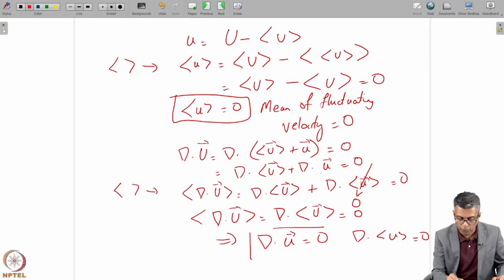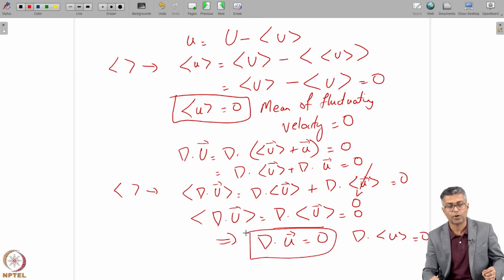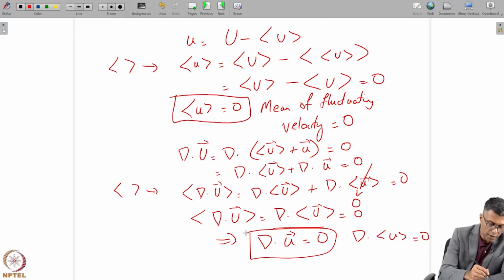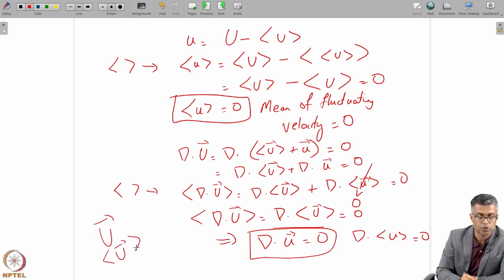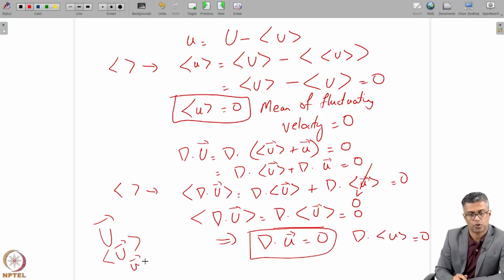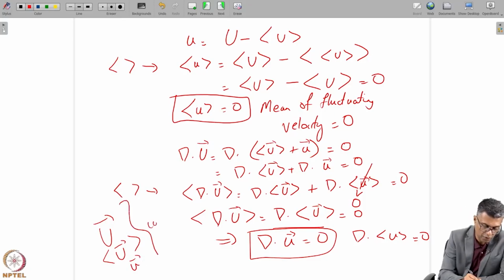But what we now know is that the divergence of the fluctuating velocity is also 0. So capital U follows continuity, the mean of U follows continuity, and the fluctuating u' also follows continuity. All of these satisfy continuity.